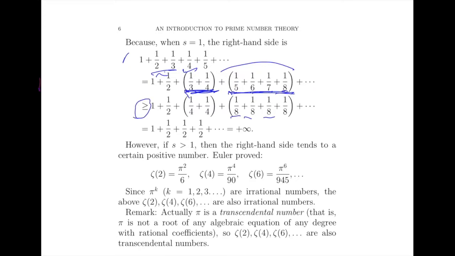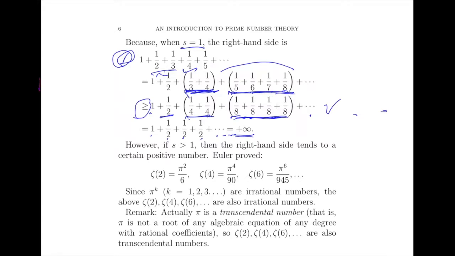However, this right-hand side is 1 plus 1/2 plus, and this group equals 1/2, and this group also equals 1/2, and 1/2, 1/2, 1/2. So this is equal to 1 plus 1/2 plus 1/2 plus 1/2 plus, etc. So this is obviously plus infinity. So the original series is, of course, larger than this series. Therefore, the original series should tend to infinity. This means when s equals 1, our zeta function is divergent.